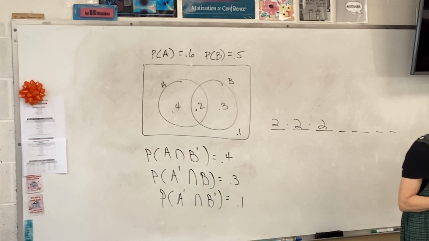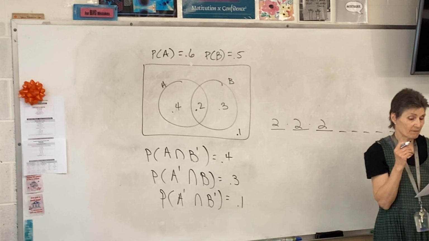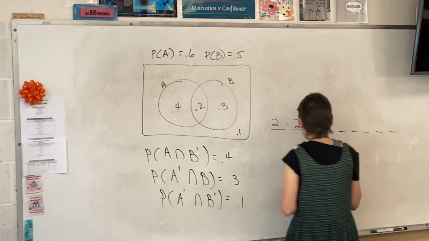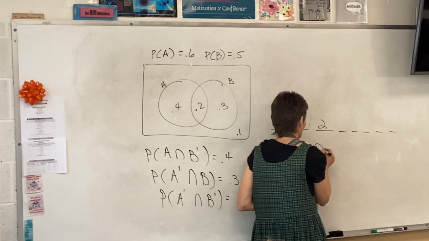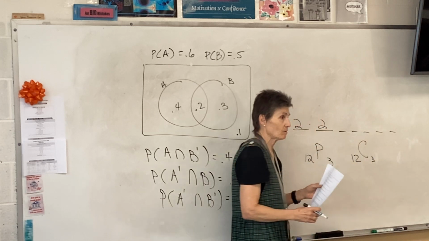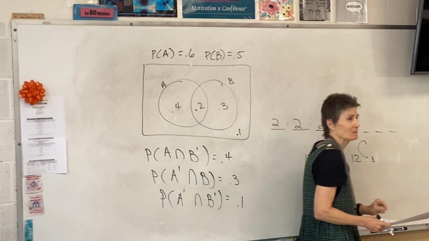All right, now here we go, number 4. Put on your thinking caps. There are 12 kids in the class, and I am going to choose 3 of them. Is that going to be 12P3 or 12C3? P. Why is it P?